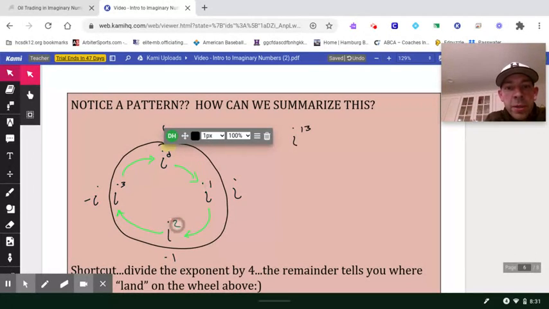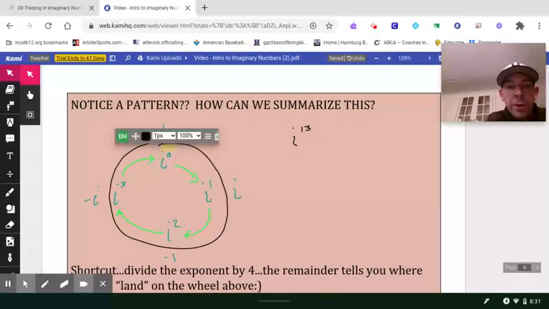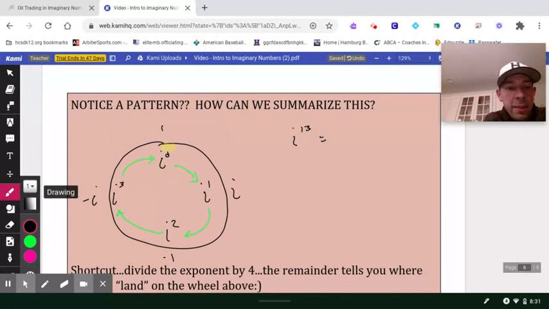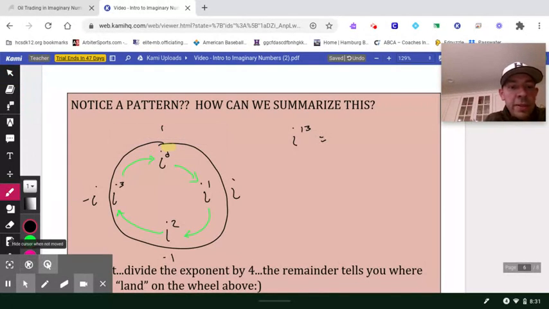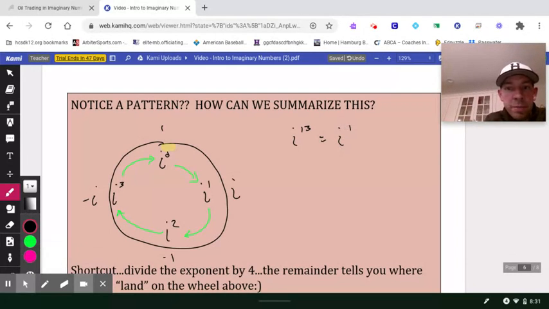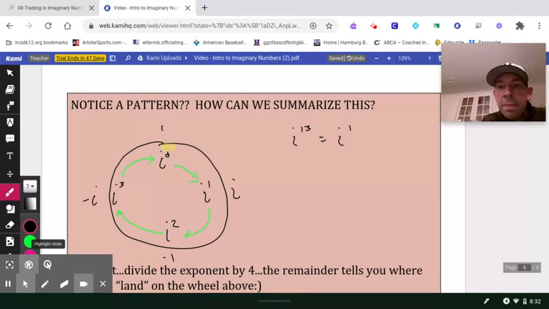So we got 1, 2, 3, 4, 5, 6, 7, 8, 9, 10, 11, 12, 13. And notice where you landed. So I to the 13th is just equal to I to the first.